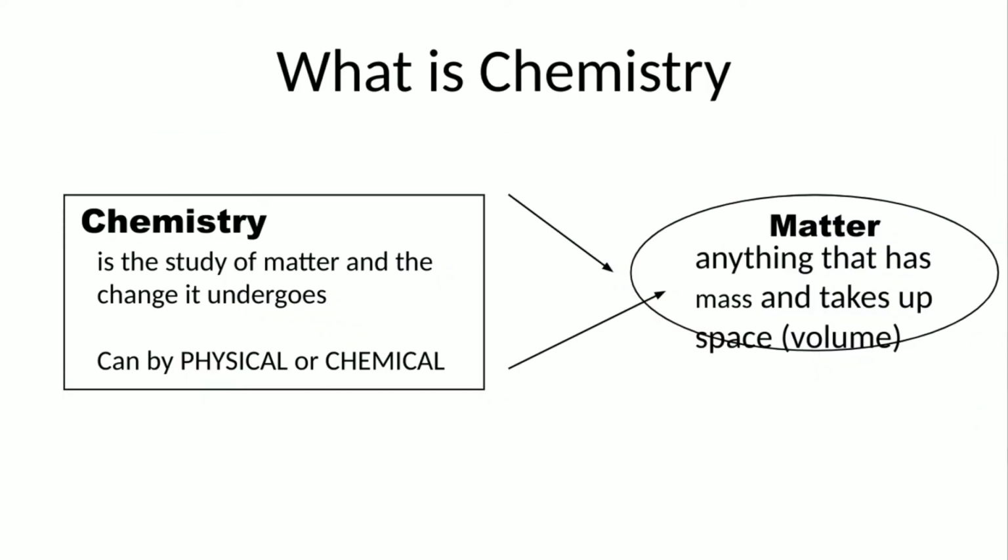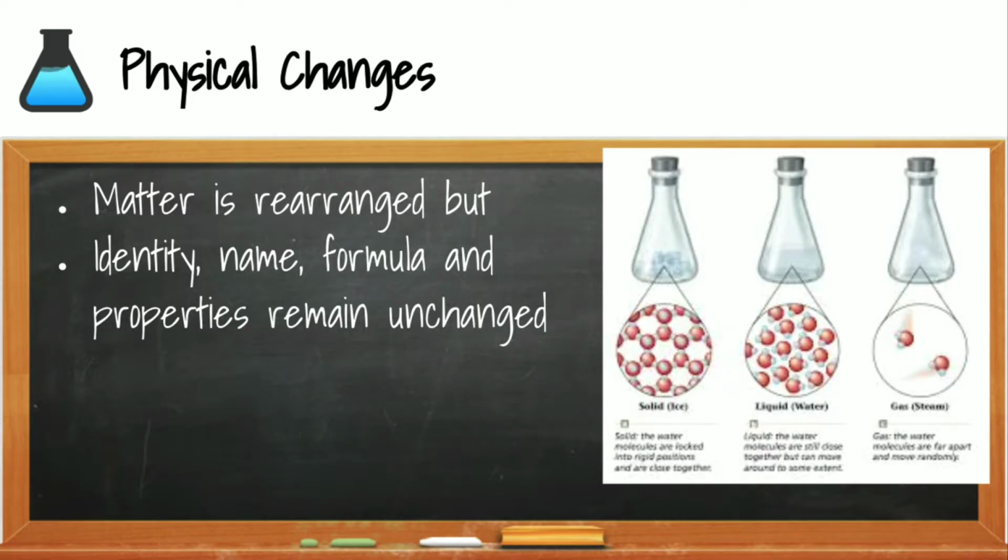Now, chemistry is not only the study of matter, but it's the study of the changes that matter can undergo. Matter can undergo either physical changes or chemical changes. In a physical change, matter, which is made up of atoms, is rearranged, but no new bonds are formed or broken.